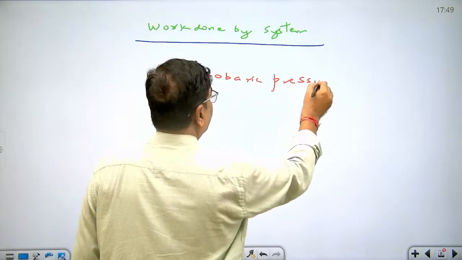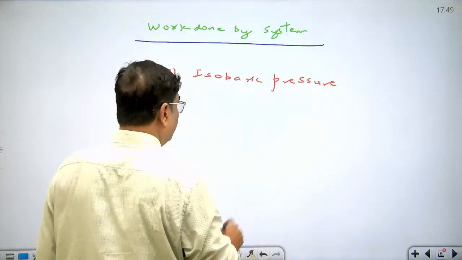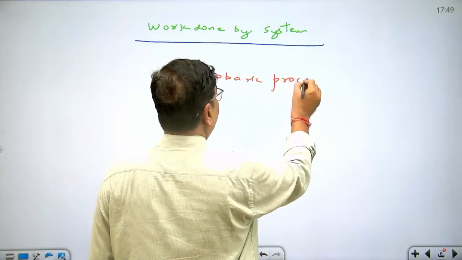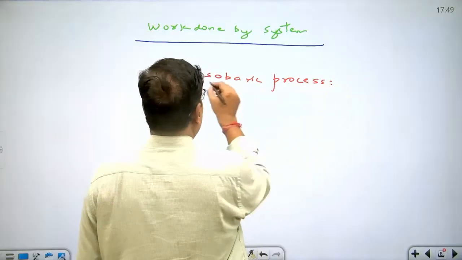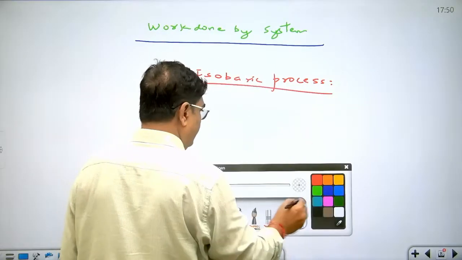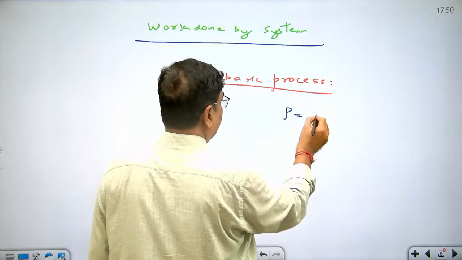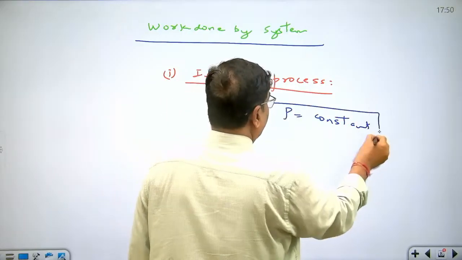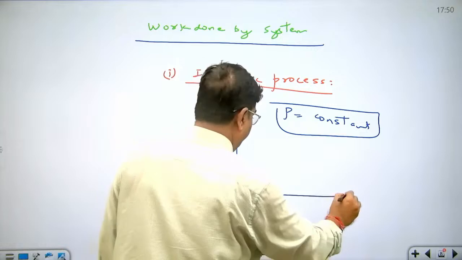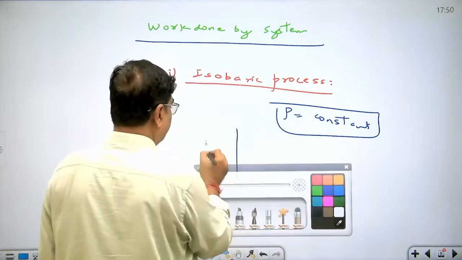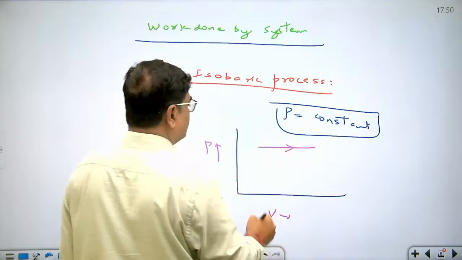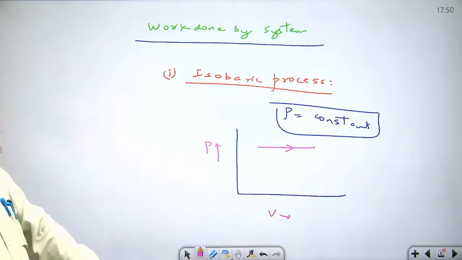Dear student, an isobaric process is a process in which pressure of the gas remains constant. And this is the general graph for an isobaric process. This is volume. Let us say that the gas volume is increasing.